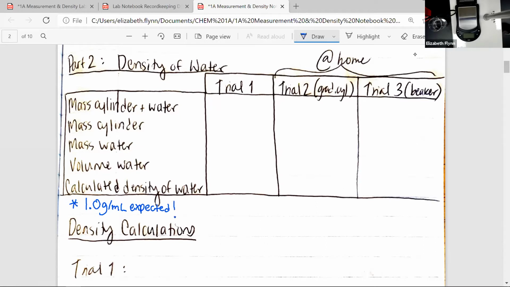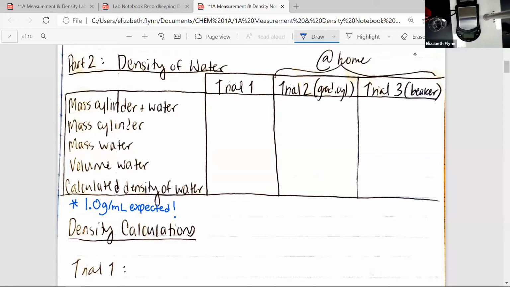All right, so that's what you can look for today. We are going to measure the mass of the water and the volume of the water in order to calculate the density, because remember, density is equal to mass divided by volume.